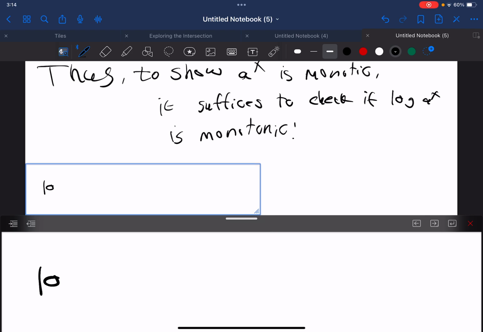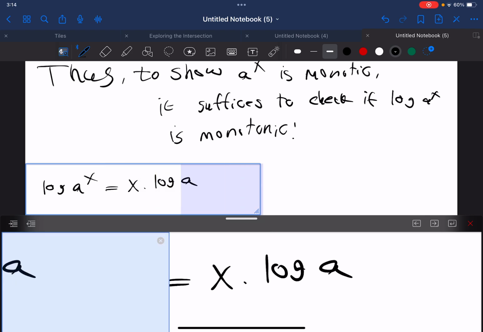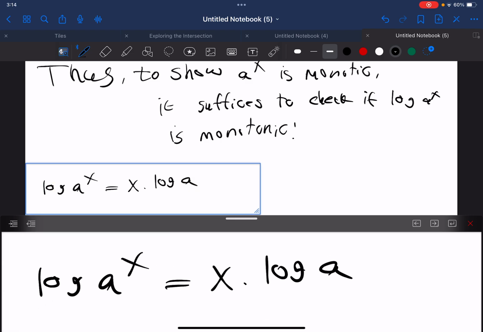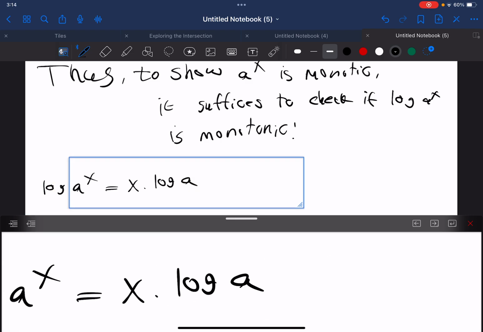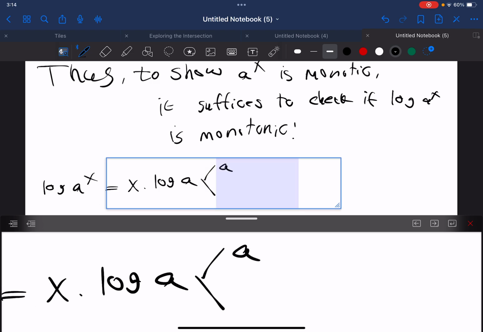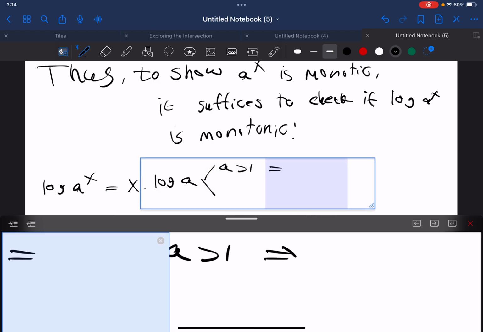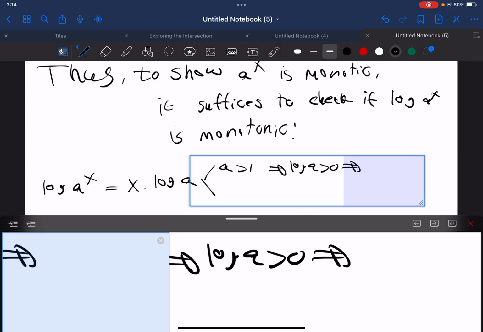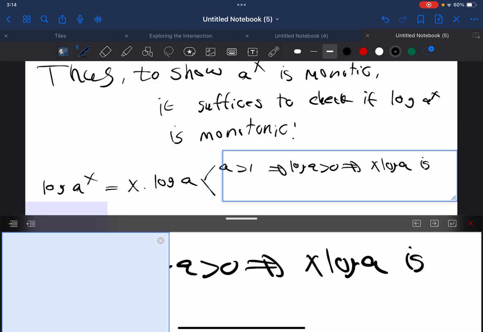But what is log of a to the power x? It is x times log of a. Now if this is so, we have two situations here. If a is larger than 1, then log of a is positive, and therefore x times log of a is increasing.